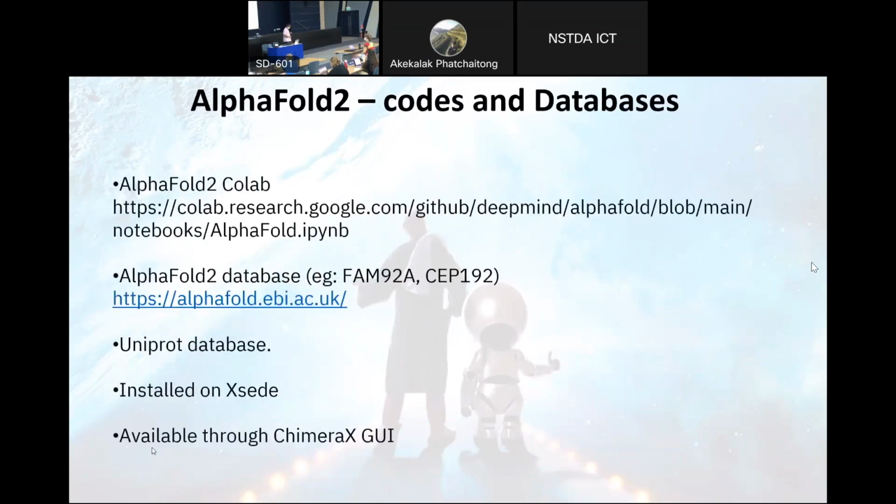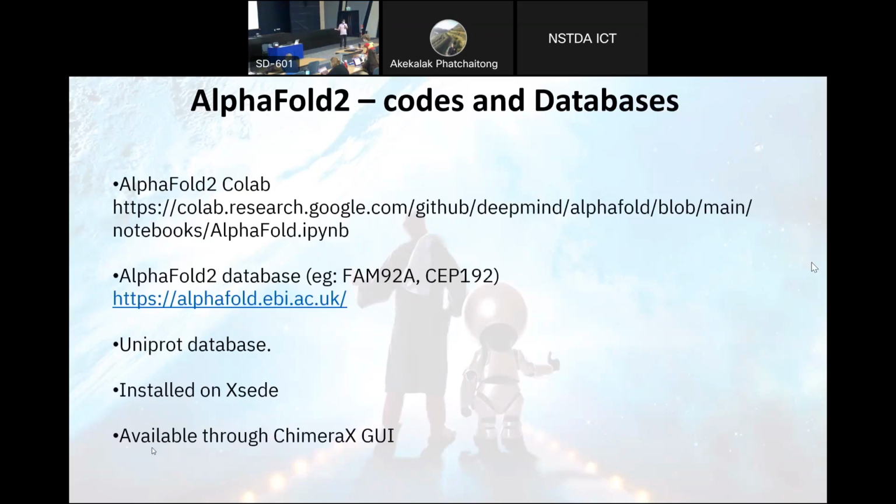Okay, so to run AlphaFold, again, Dave will go through his Colab Python notebook. AlphaFold 2 has a Colab which is very easy to run. However, the DeepMind group has already solved close to 1 million structures and deposited them in their database, okay? So depending on what protein you're interested in, there's a possibility that the structure has been solved and is in this database.